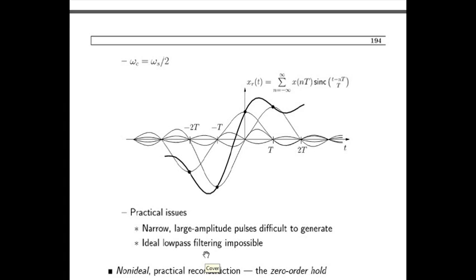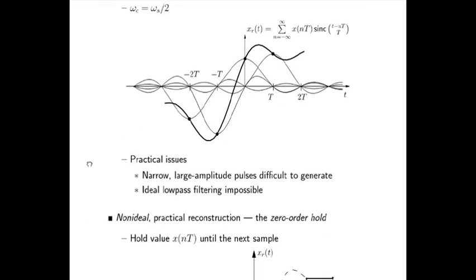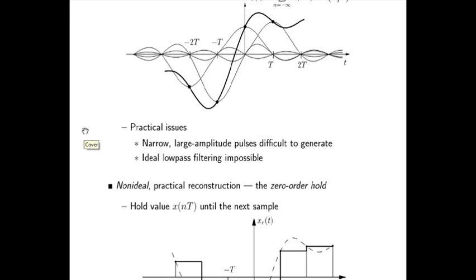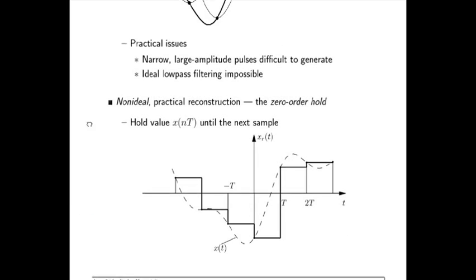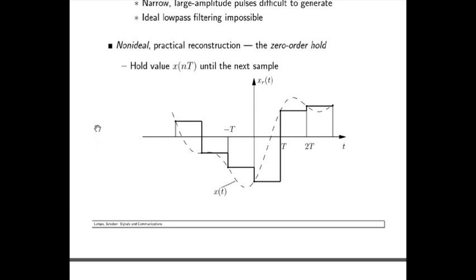Now let's move forward to non-ideal practical reconstruction. It contains two methods. The first one is zero order hold interpolation, and the second one is first order hold interpolation. So what does hold mean? It means holding the value of x of nT until the next sample.